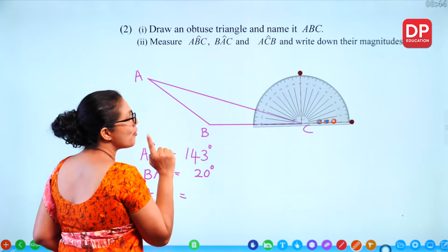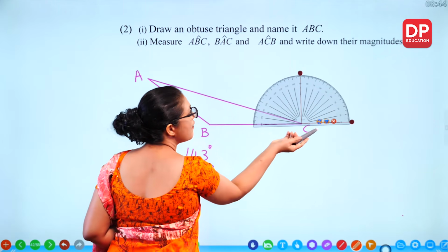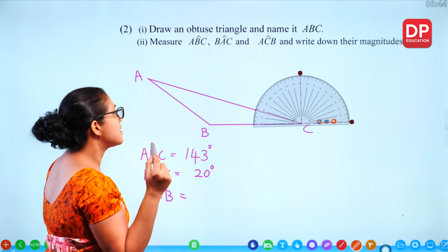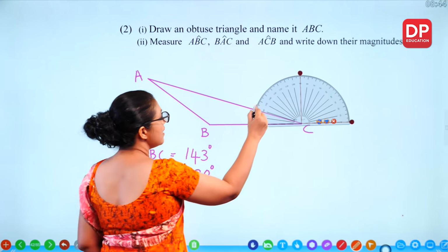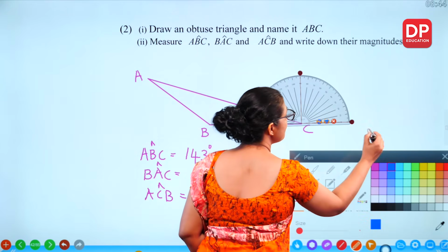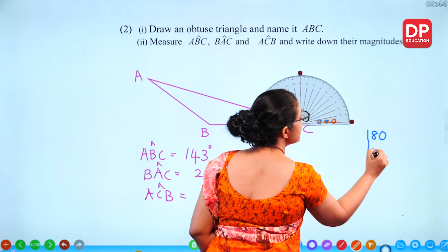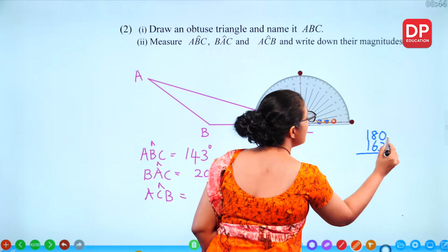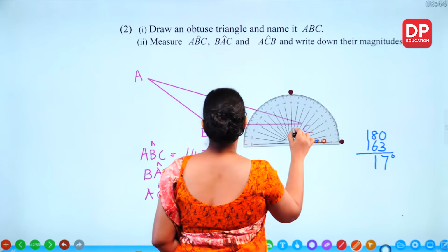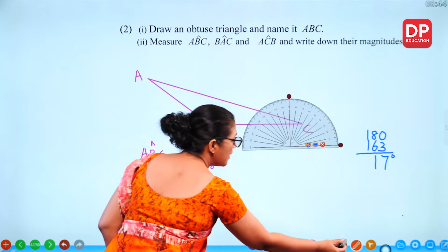But in this protractor, I can't read the value. So I'm reading from this way. So 163. So what's the angle? 180 minus 163. You get 17 degrees. So that's 17 degrees.